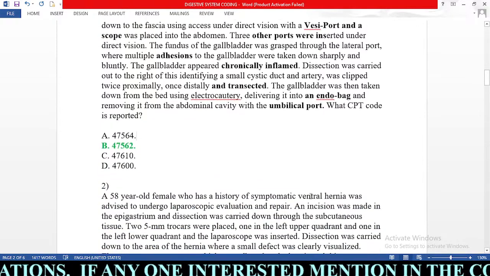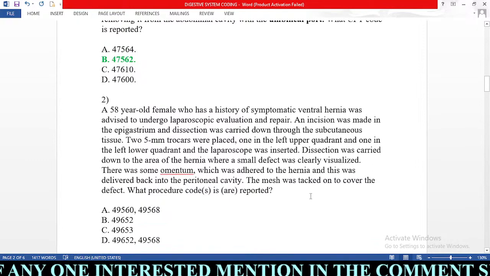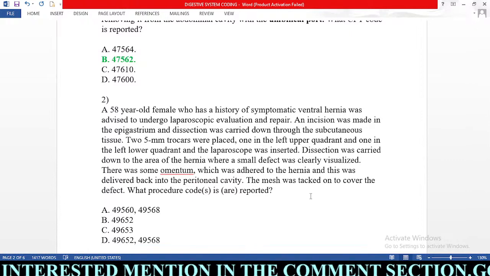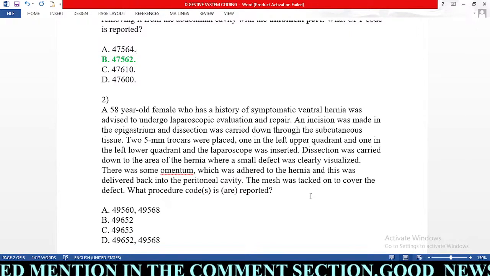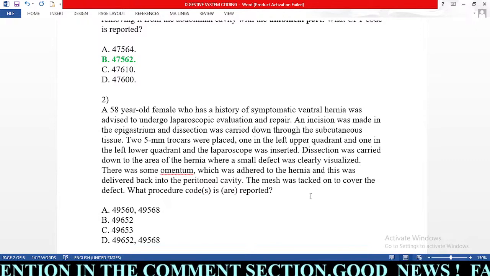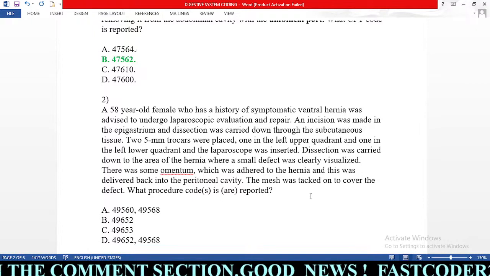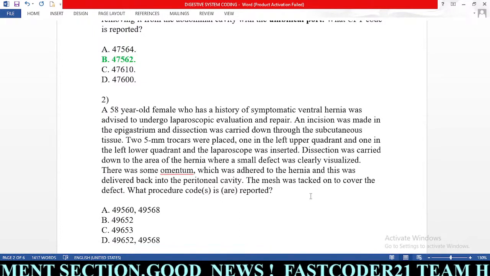So today's second question of the day. Go ahead and write this one. Try to use your CPT book. Even I am also using my physical CPT book here. The remaining guys, you need to worry about the answer. If you want to learn, you need to answer.